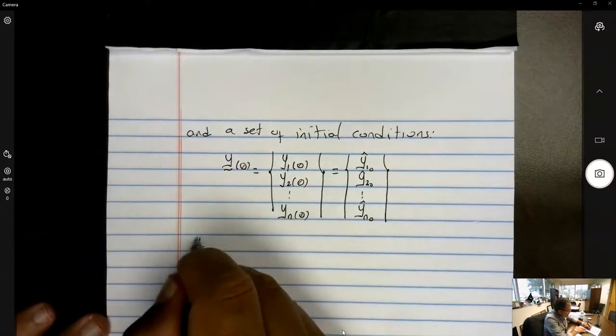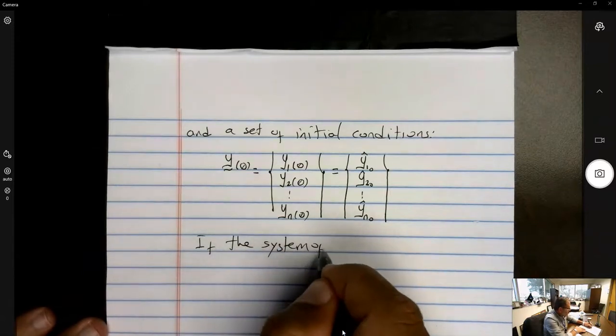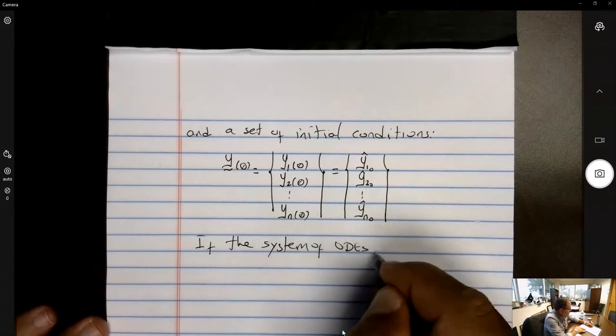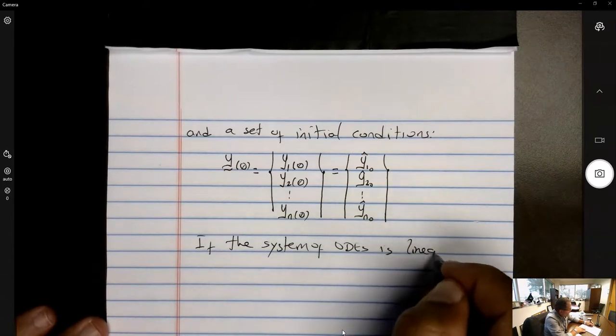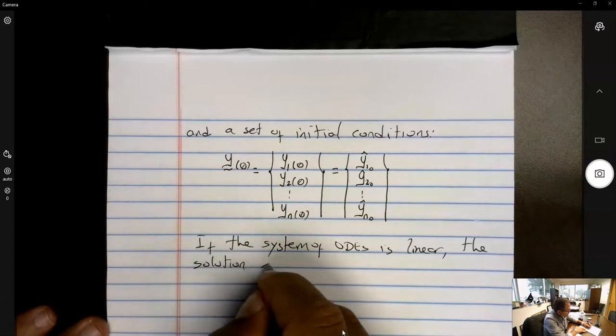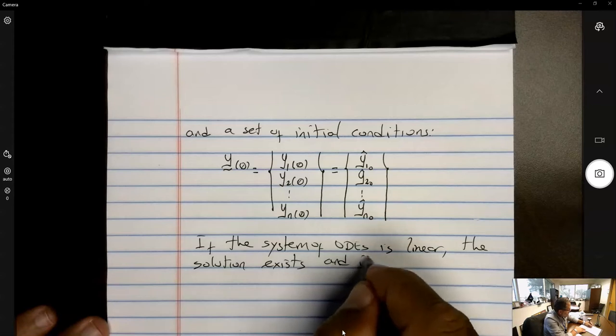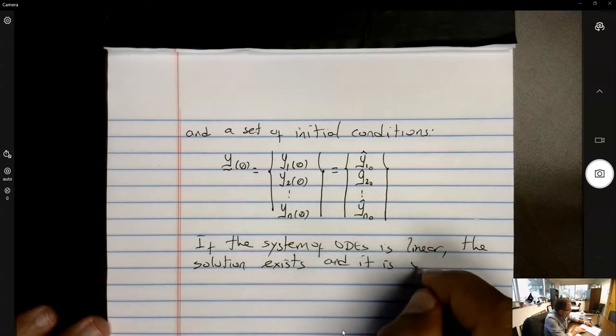Now, if the system of ODEs is linear, the solution exists and it is unique.